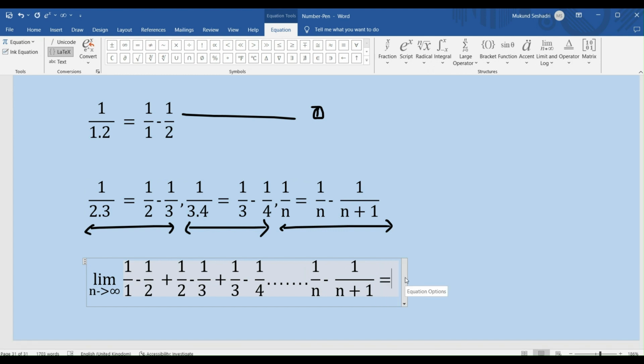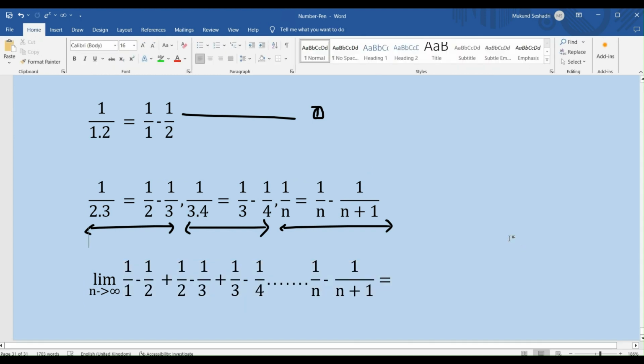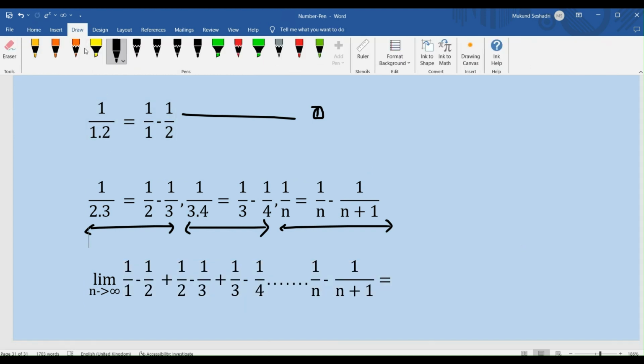That makes it a lot simpler because I am in a position to cancel minus 1 by 2 and plus 1 by 2, and similarly minus 1 by 3 and plus 1 by 3, and minus 1 by 4 with plus 1 by 4, which is the first part of the fourth term of this series, and likewise I go on till 1 by n.